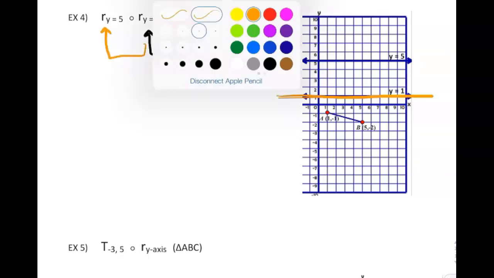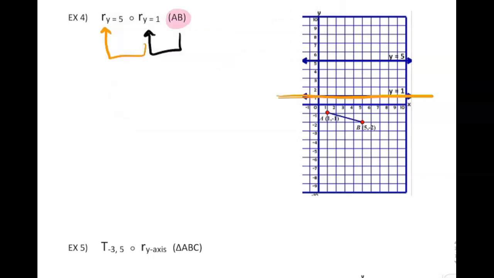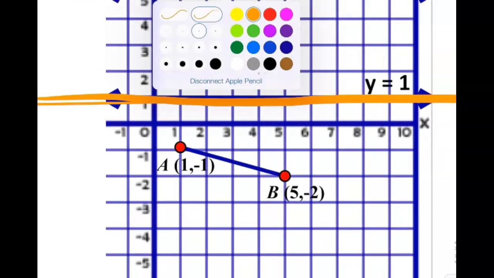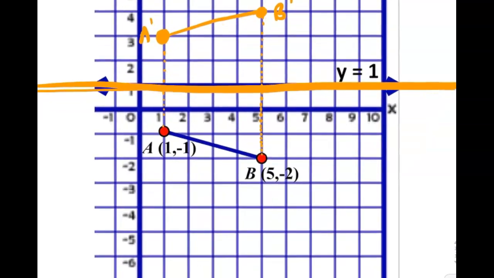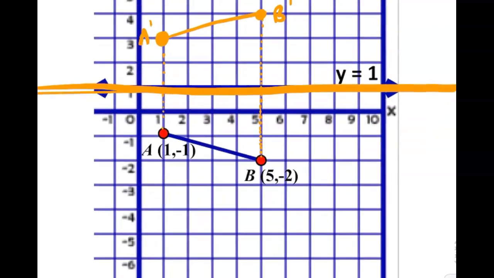So let's do the orange line first. 1, 2, 1, 2. 1, 2, 3. 1, 2, 3. So there's A prime, B prime. That looks like a perfect reflection over that line.